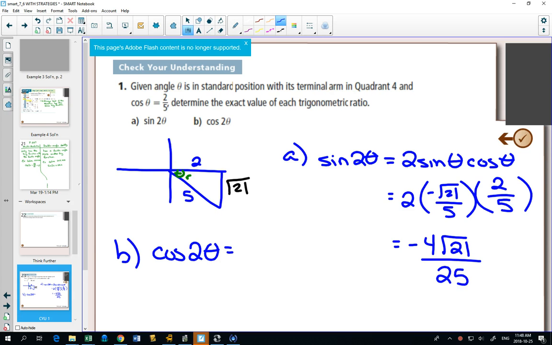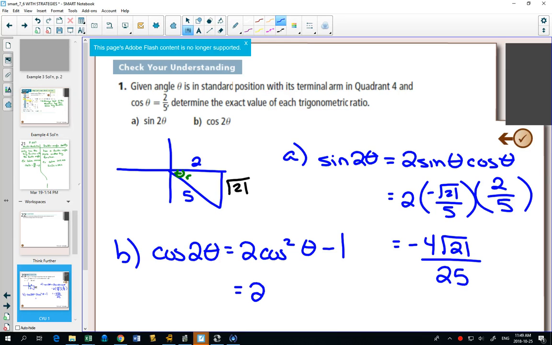So have you picked one and have a reason? So I'm choosing 2 cos squared theta minus 1.